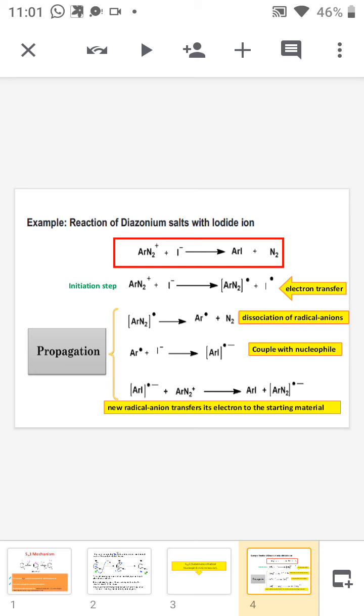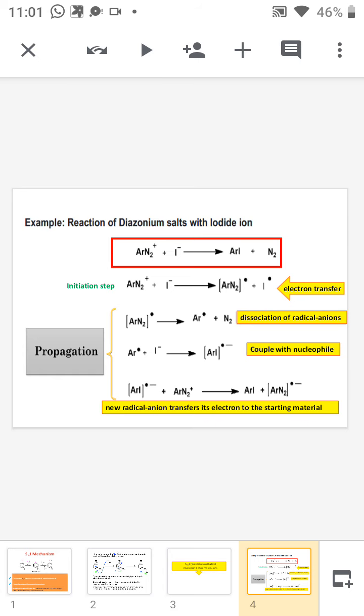And in the last step, the radical anion liberates its one electron to the starting material, that is the diazonium salt, and forms a stable neutral ArI and a radical anion itself.